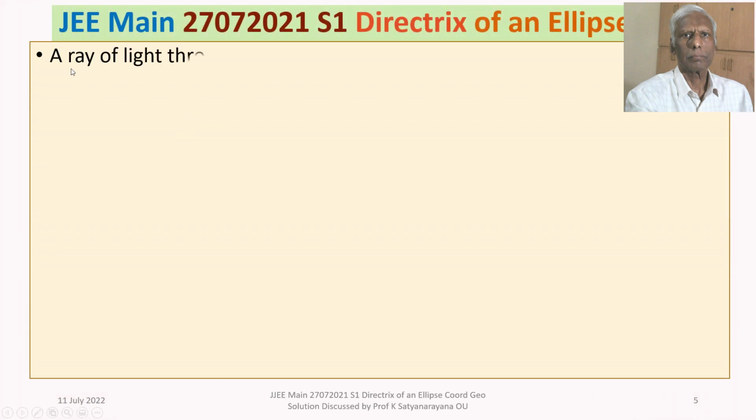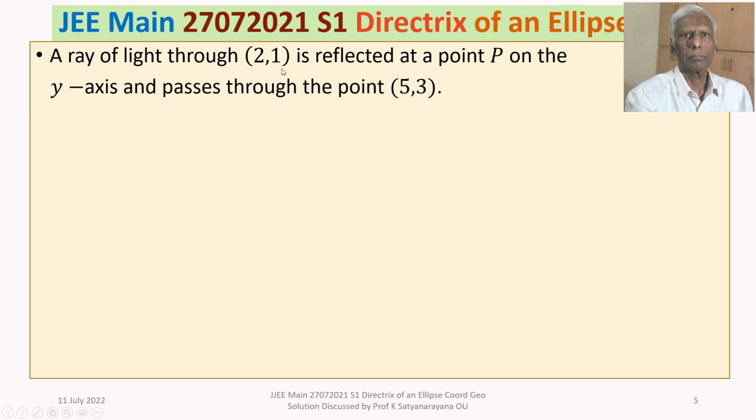The problem is: a ray of light through (2, 1) is reflected at a point P on the y-axis and passes through the point (5, 3).